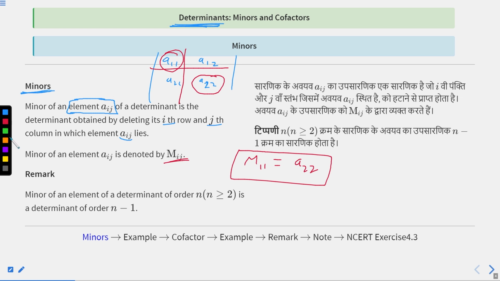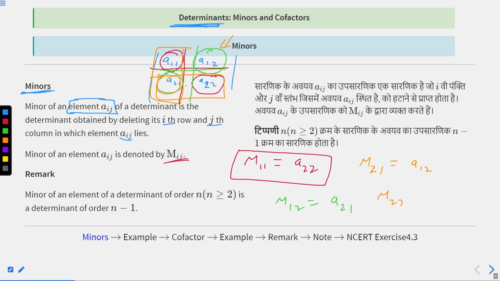Okay, simple. So what will minor M12 be? For M12, eliminate this column and this row, and you are left with A21. Now M21: for this, eliminate this column and this row, and you are left with A12.